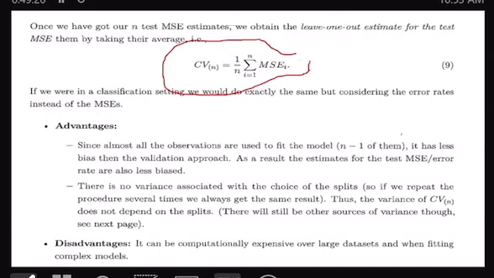But do you know the issue with this approach? When you have so many observations, this approach is complicated and it's going to take time. That was why I said it can be computationally expensive over large data sets when fitting complex models. Does that make sense? But it has some beautiful advantages.